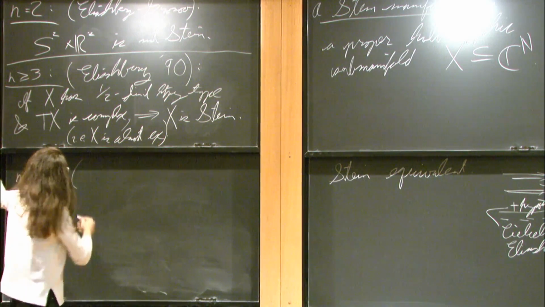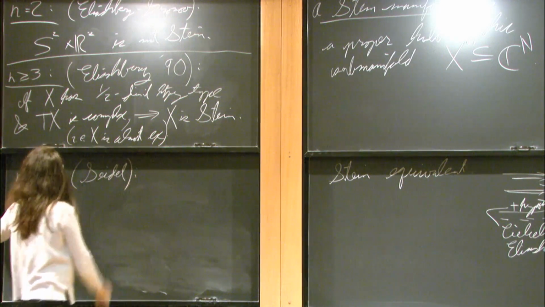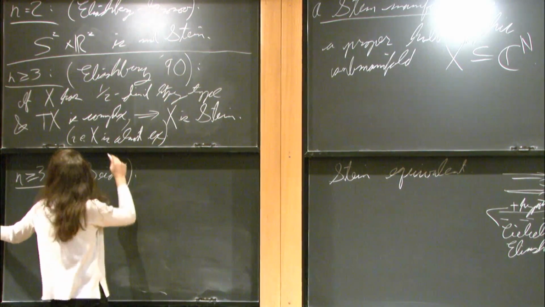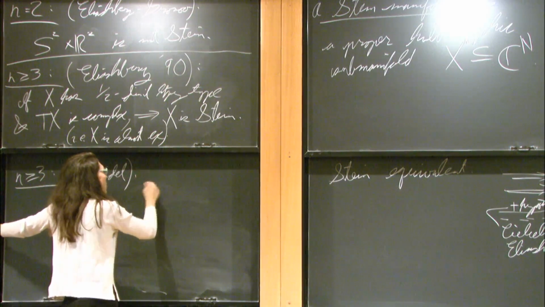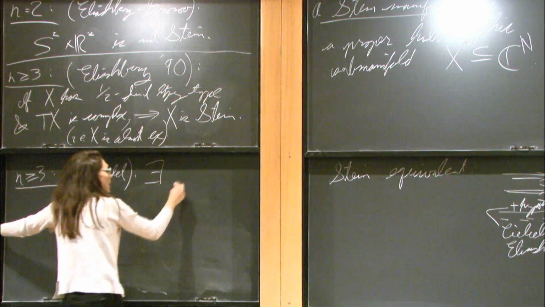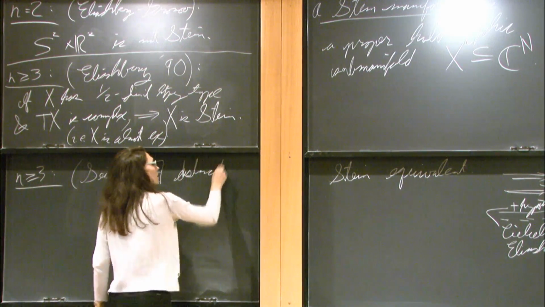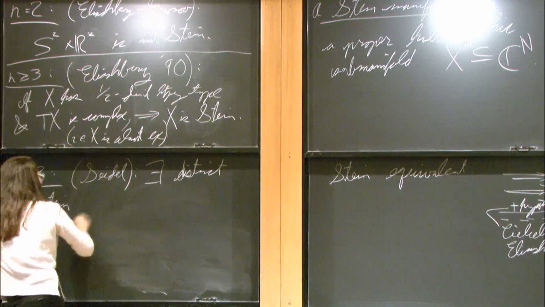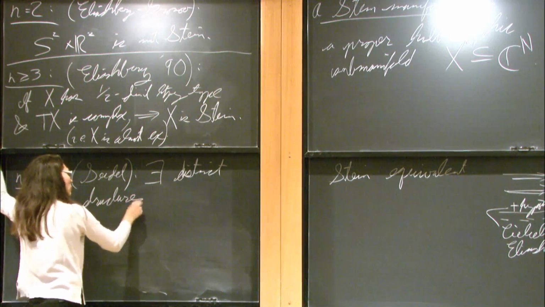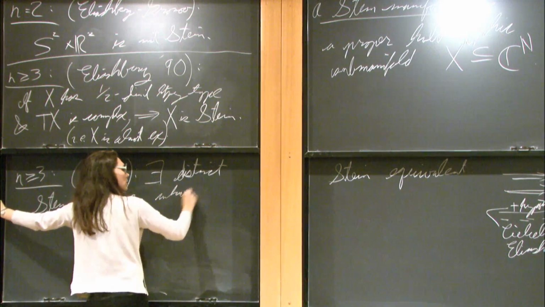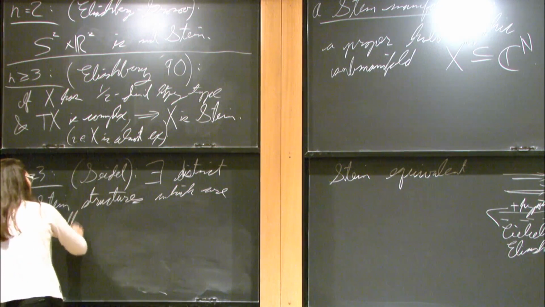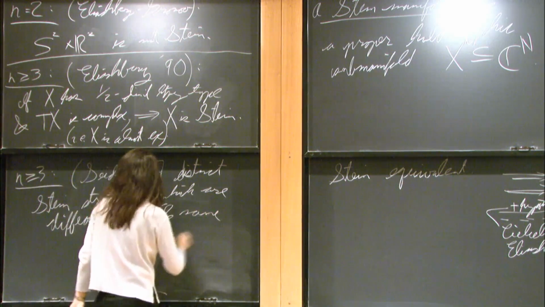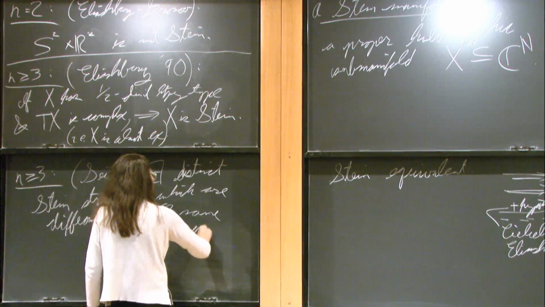As far as I know, the first example of this is due to Seidel, but correct me if I'm wrong, I'm fairly sure this is the first example, which is that there exist distinct Stein structures, up to this equivalence, which are diffeomorphic and in the same almost complex class.